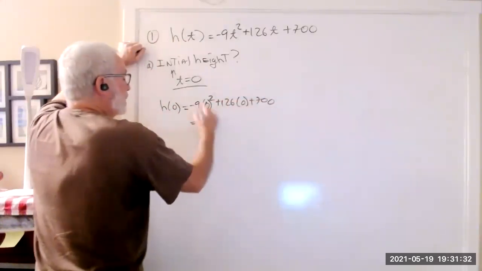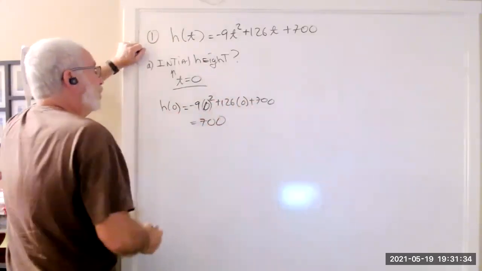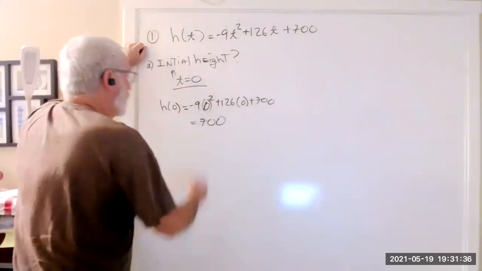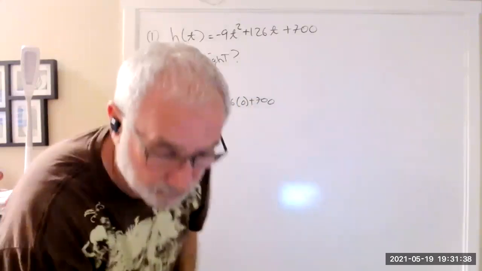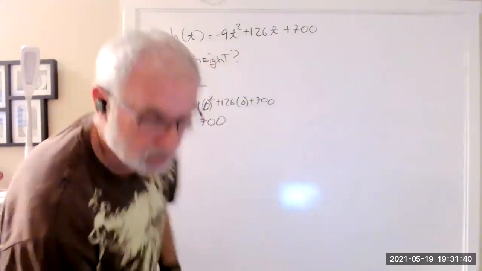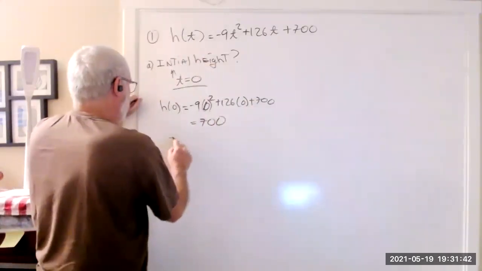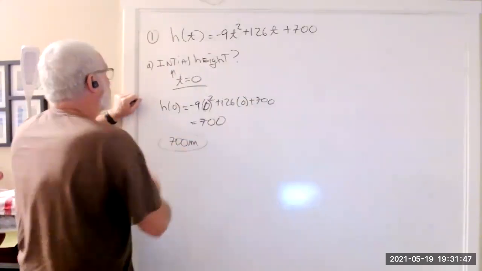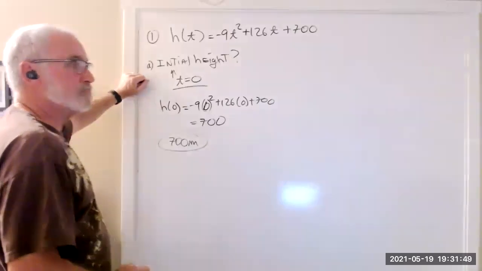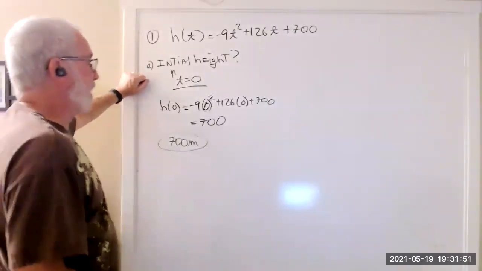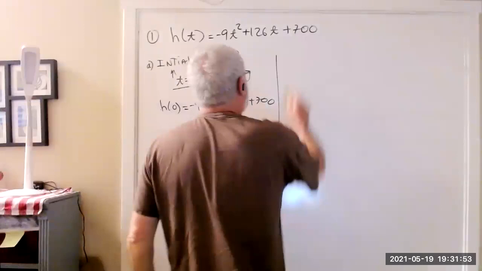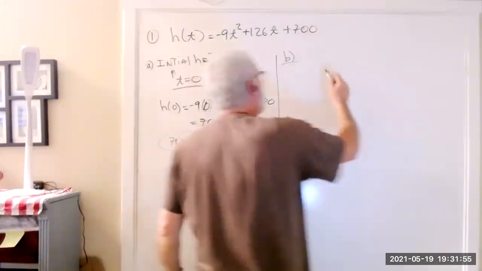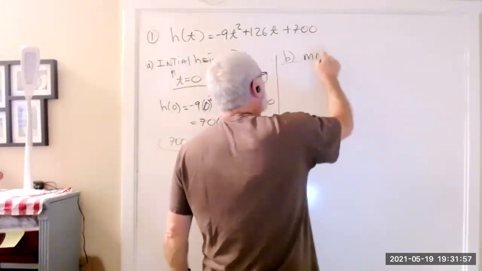So it technically equals 700. So how high was it at the time? I think it was 700 meters. Okay, 700 meters. That all right with everybody? Okay.